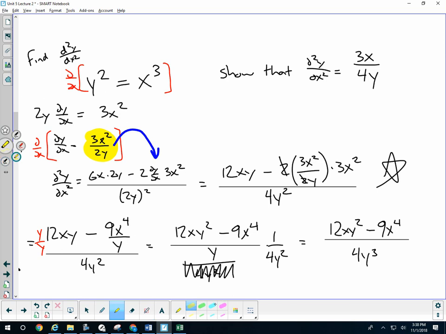Yes. So now let's go back to this original equation, and let's plug in x cubed in for y squared.